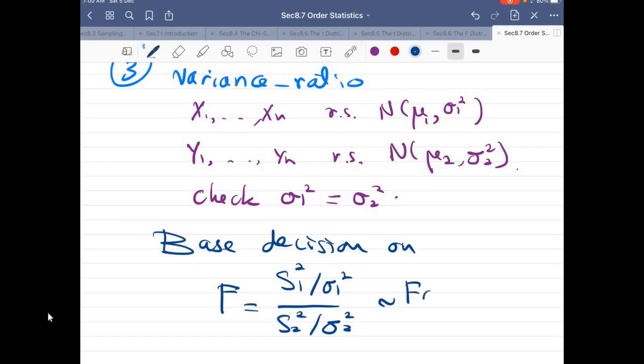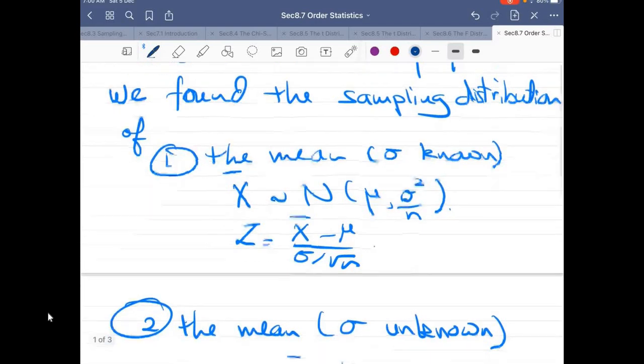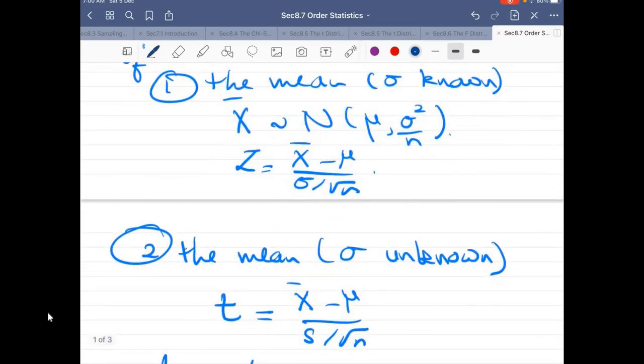This will have an F distribution with n1 minus 1 and n2 minus 1 degrees of freedom. So all of the previous tests were based on normal distribution.